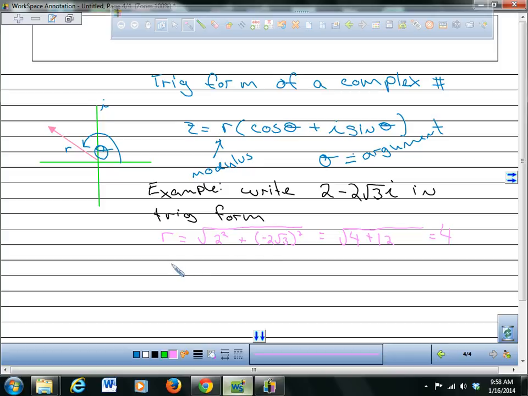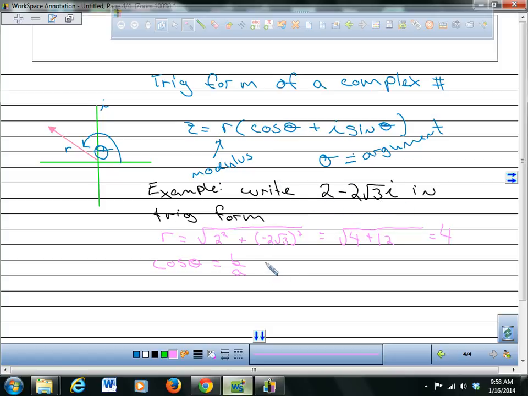Now we also know that, just like it was for vectors, tangent of theta is equal to b over a. Just like it was y over x for complex numbers, it's just the y part over the x part.